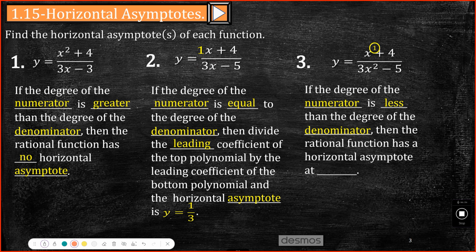The bottom grows so much bigger than the top that the fraction goes to 0. If you divide a small number by a big number, it goes to 0. Those are the three cases for rational functions like this.